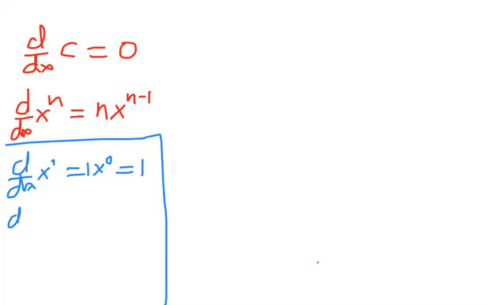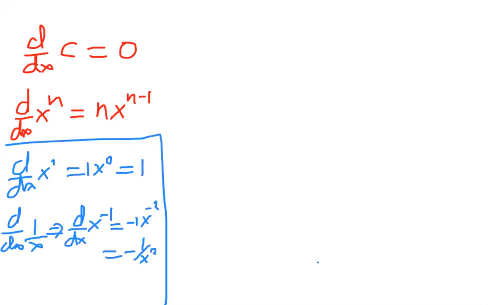Now, d/dx of 1 upon x can be said as differentiation of x to power minus 1. So it will be minus 1 x to power minus 2, so minus 1 upon x square. Now I am taking differentiation of root x.